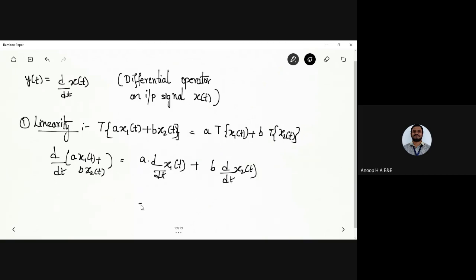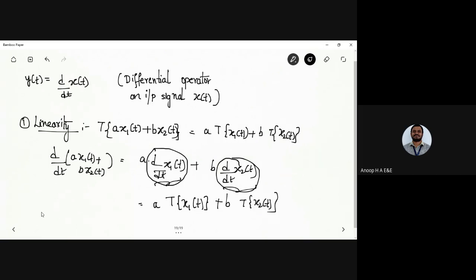So we are going to call it a linear function here. I'm only left with this differential operator, and I come to know what change is going to happen: a times T operator on x1 of t plus b times T operator on x2 of t.